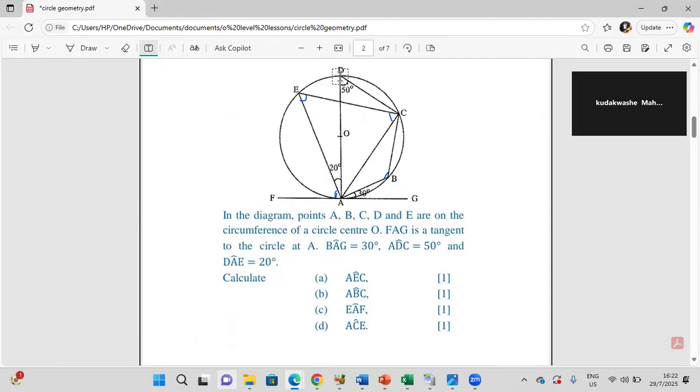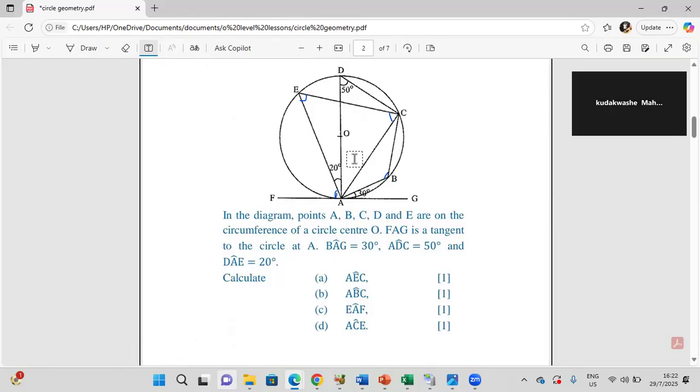If we look at this shape, A, D, C, B, that's a cyclic quad. Or you can take C, E, A, B. That's again another cyclic quad, meaning this and that add up to 180. That and that add up to 180. So number one, there is a cyclic quad I can see.